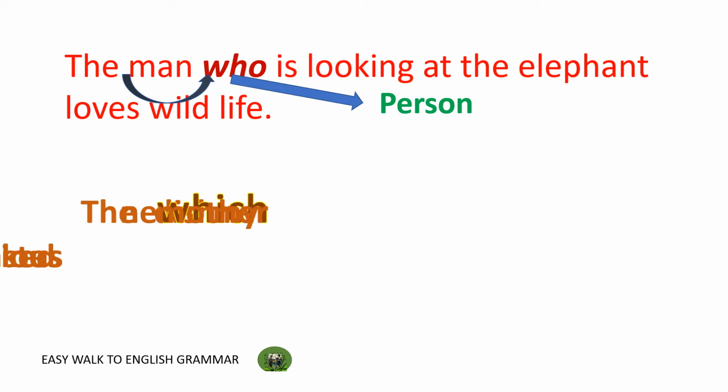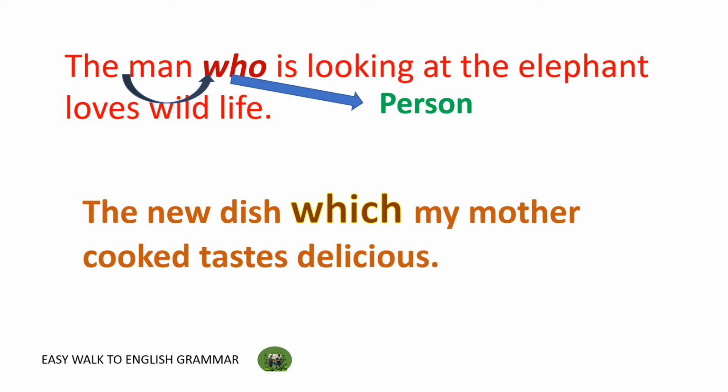In the next sentence, the new dish which my mother cooked tastes delicious, which connects or relates the phrase the new dish, and we can say that which here refers to a thing. Regarding both these examples, we can come to a conclusion that who always refers to a person and which always refers to a thing.